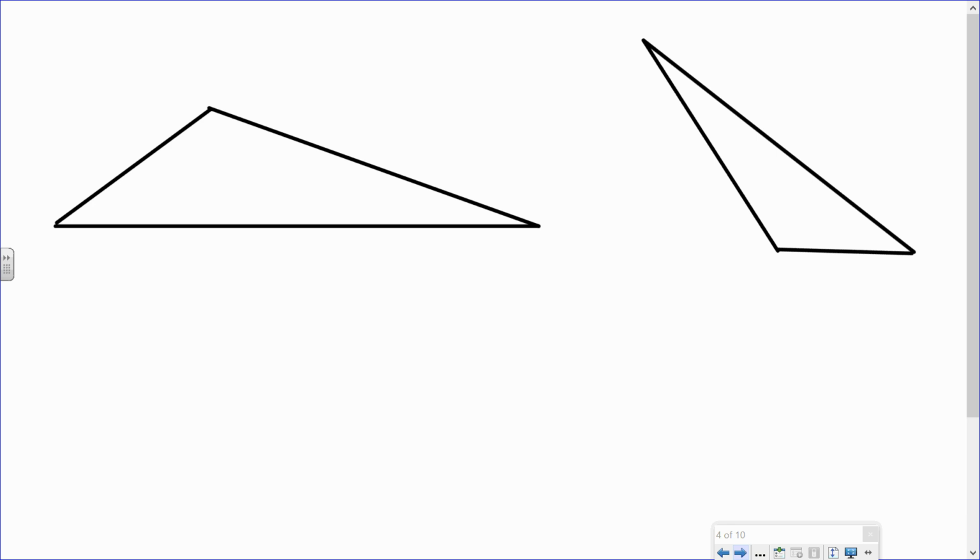The difference being, if this is the base, one of the sides that I'm given, for this one the height is going to go down in the middle of the triangle. But on this one, if I'm given the base and an obtuse angle, my height is going to come down here outside the triangle.